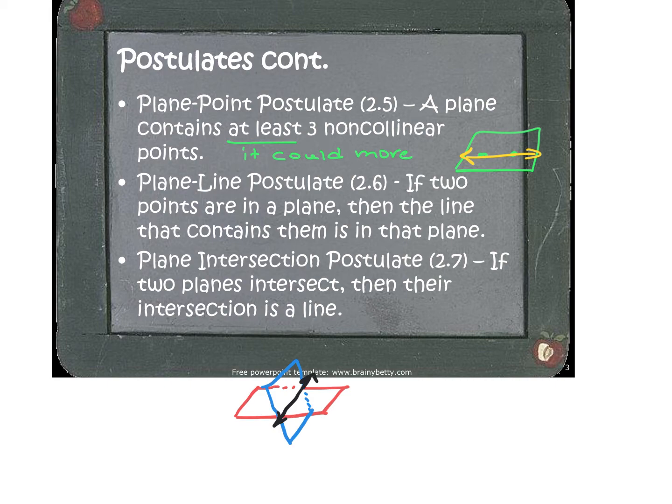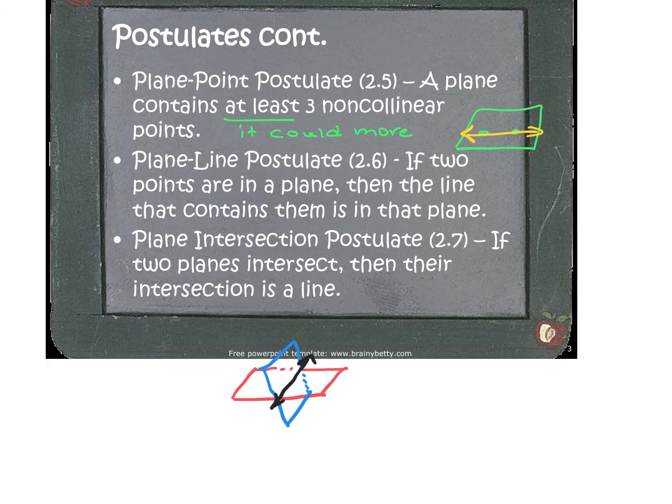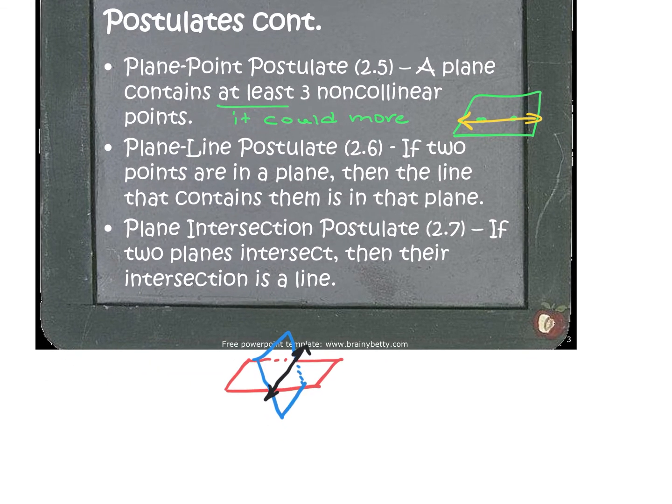So this would be 2 planes. I have a blue one and a red one, and when 2 planes intersect, their intersection is a line, and that's called the plane intersection postulate. And again, you're going to need to memorize all of these postulates for the quiz and the test.